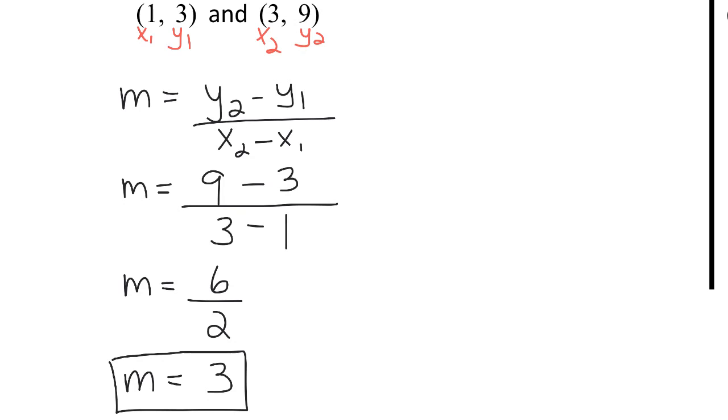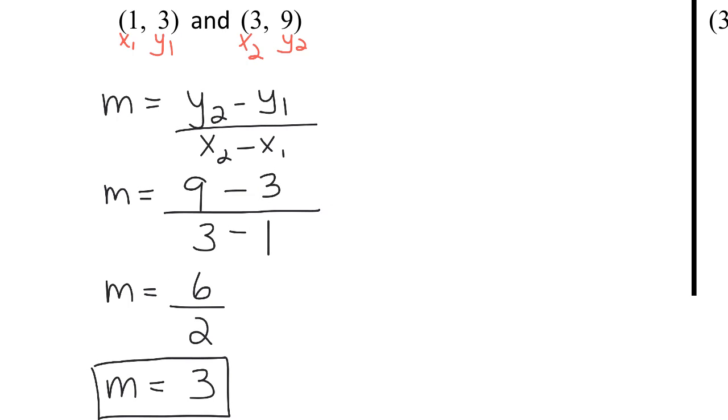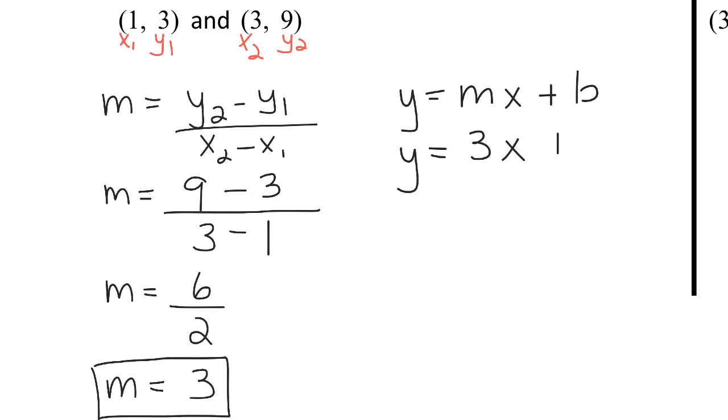So I'm going to write out my basic equation template, y equals mx plus b, and plug in my slope that we just calculated, which was 3. My next step is to plug in numbers in the place of x and y.